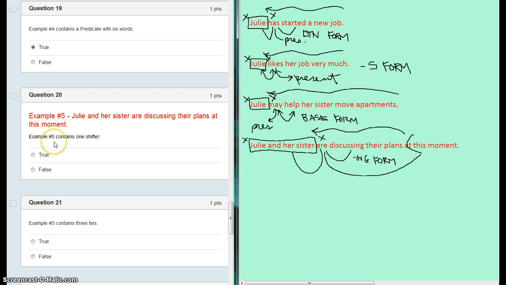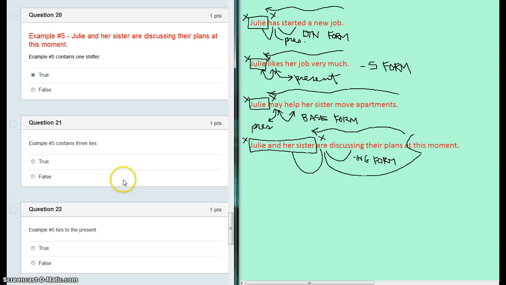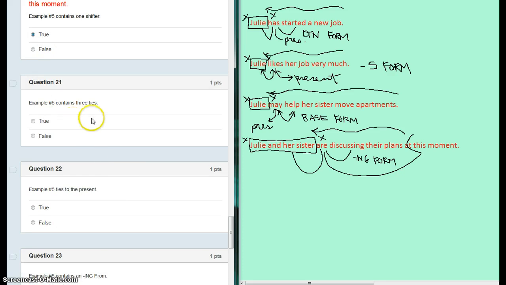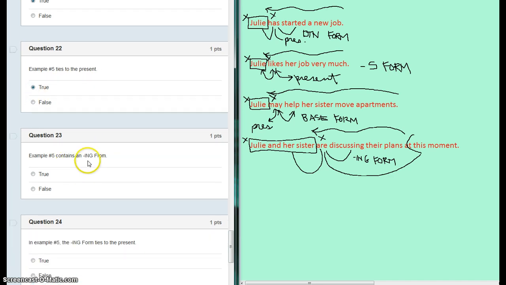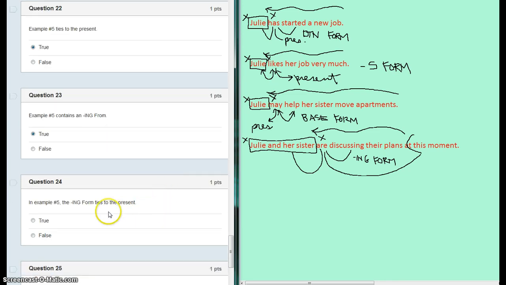Example number 5 contains one shifter. That's true. Example number 5 contains 3 ties. That's true. Example number 5 ties to the present. That's true. Example 5 contains an ing form. That's true. Example 5, the ing form ties to the present. That's false. A lot of people kind of jump and say, yeah, ing form ties to the present.